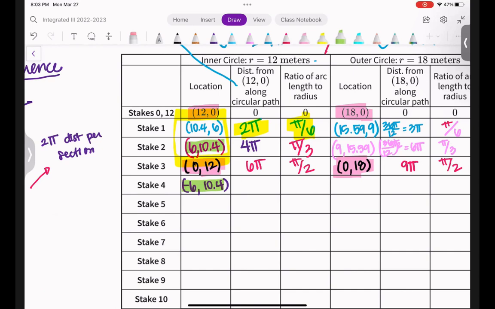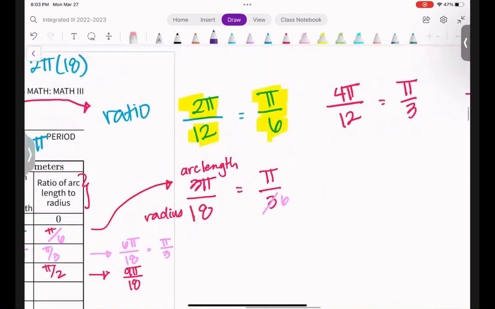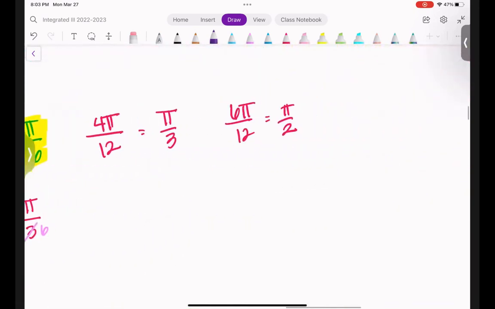1 piece of pie, 2 pieces of pie, 3 pieces of pie. How much is it now traveling? So 2 pi, 4 pi, 6 pi. This is 8 pi. Oops, I'm not writing. So 8 pi. And if I do that calculation, and I've been doing them over here, so I will follow suit. This is 8 pi over 12.